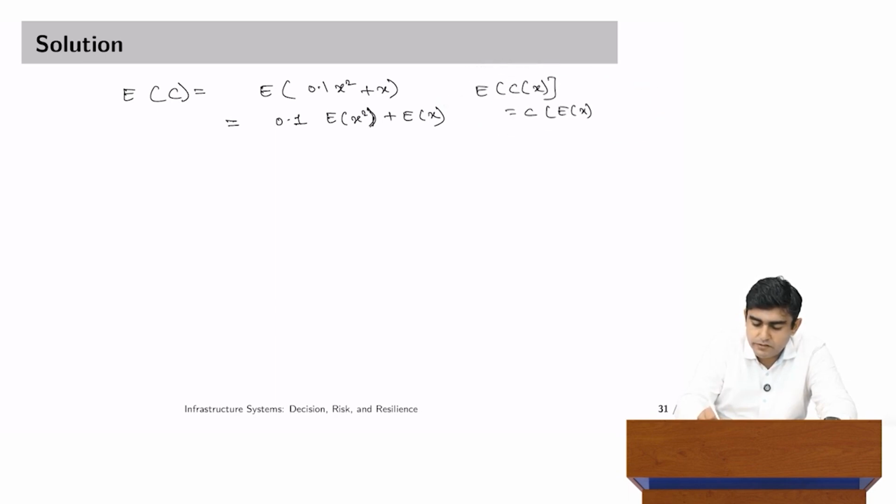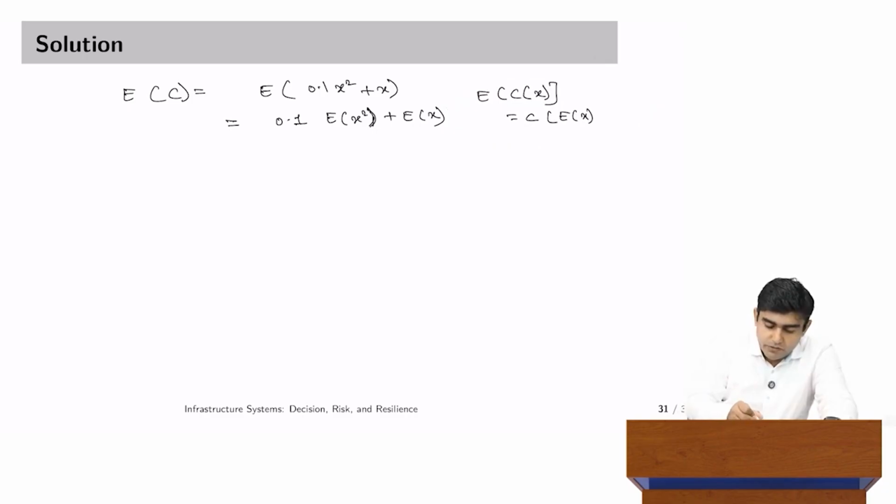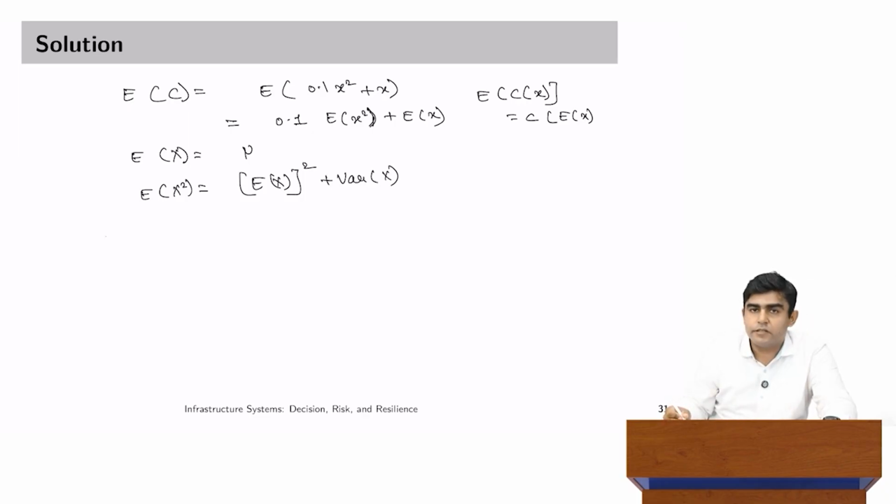Just move it here and so on. Now, if you recall, expectation of x is nothing but mu itself. Expectation of x square is expectation of x whole square plus variance of x by definition of variance, because variance of x is expectation of x square minus expectation of x its whole square. So, expectation of x square can be worked out simply like that.